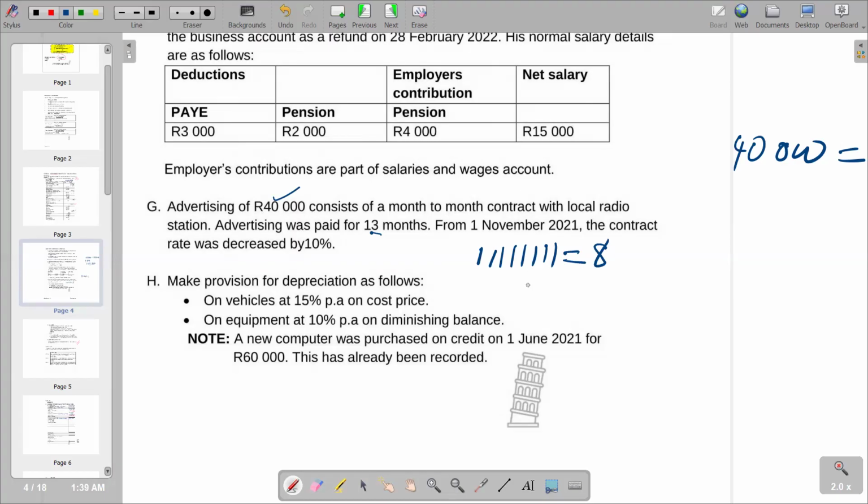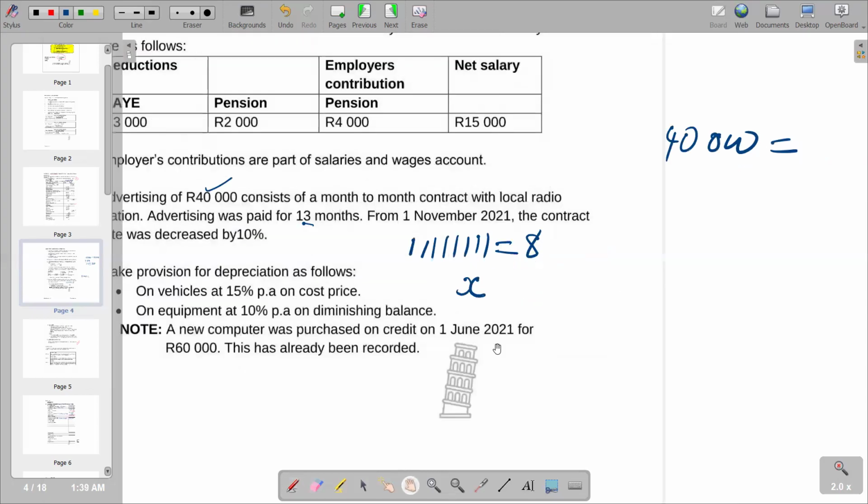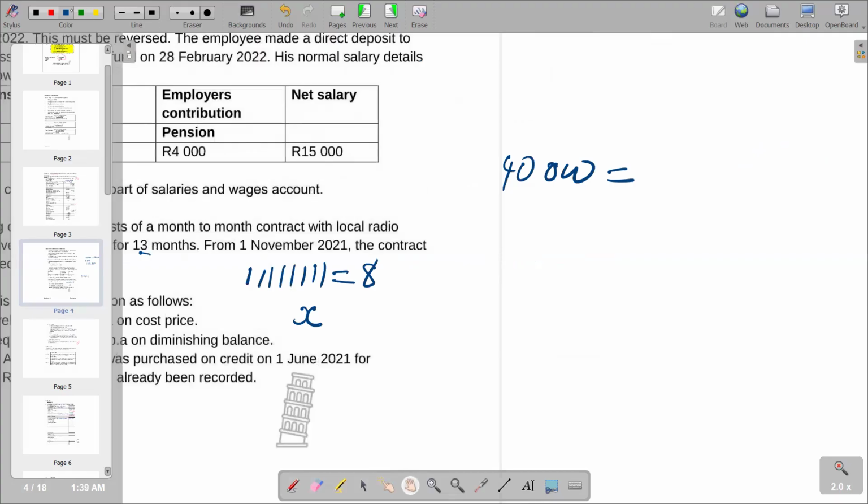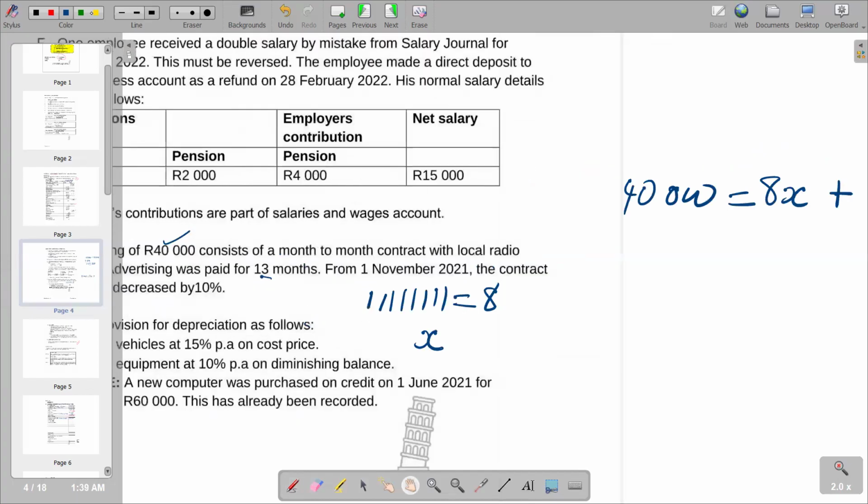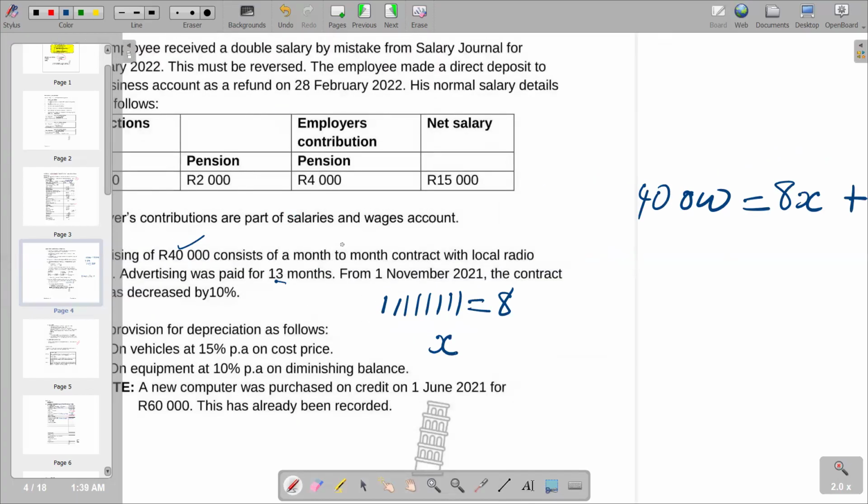Let the amount before it decreased be x, so that we can simplify the calculation. 40,000 is equal to 8x, which represents before it decreased, plus what we add after it decreased. After it decreased, we count November, December, January, February, which is 5 months, inside the 40,000.